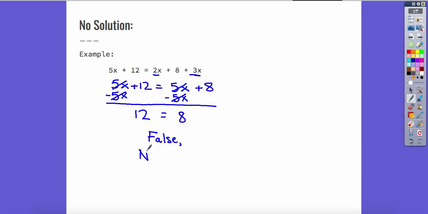So there is no solution because I resulted in a false statement. And again, what no solution means is there are no x values possible for me to plug in to check my answer that would ever allow for these two pieces to be equal. Okay, so no solution is when I get a false statement.